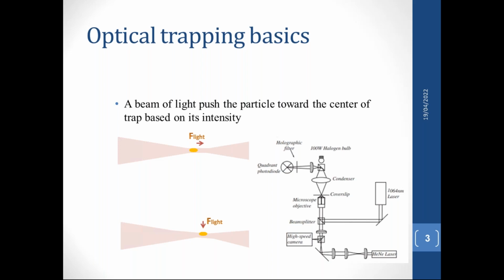In a typical setup, we have a very well collimated laser beam that enters a beam expander. The diameter of the laser doubles with the beam expander with the double lens, and it enters a microscope objective lens to focus on the sample. The sample is nanoparticles dispersed in a water or oil solution, in our case in water.